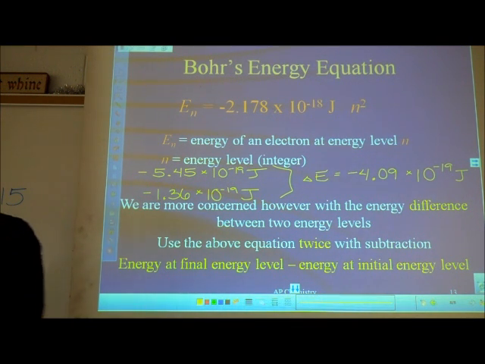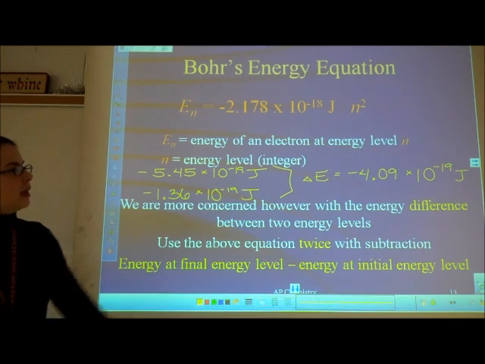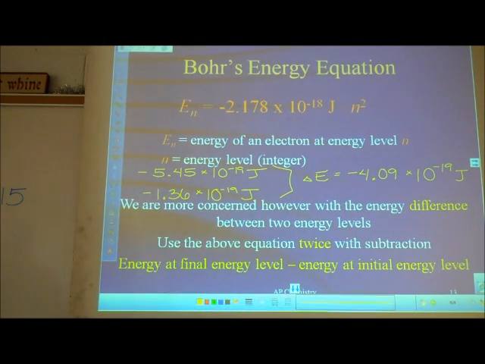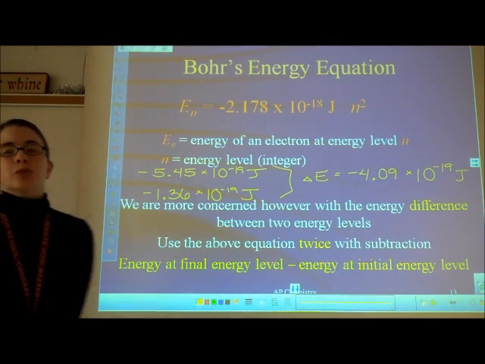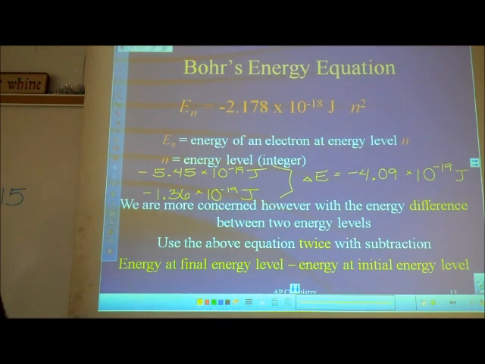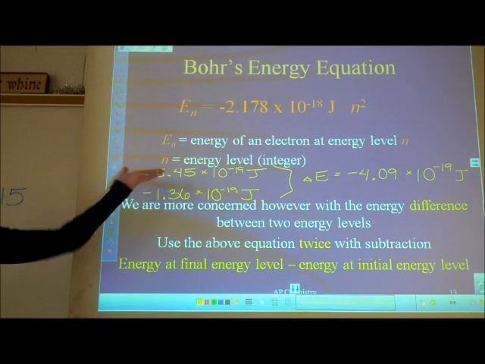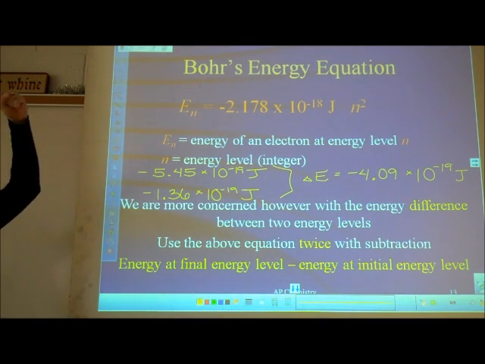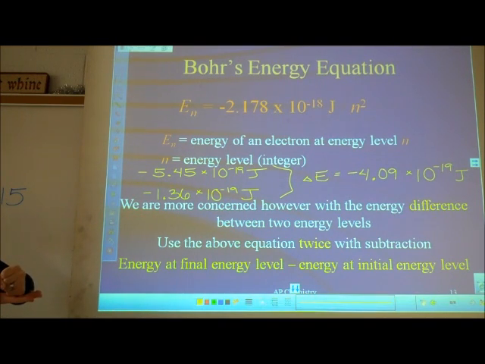Now I care less about the number, but more about the fact that it is negative. What does a negative energy mean to you? Exothermic. Energy is released. Well, guys, think about what we just did. An electron fell from 4 to 2.